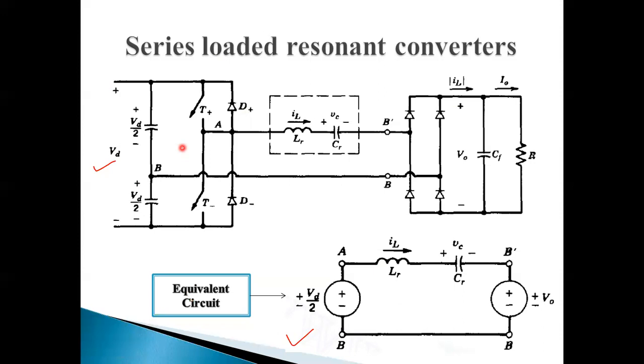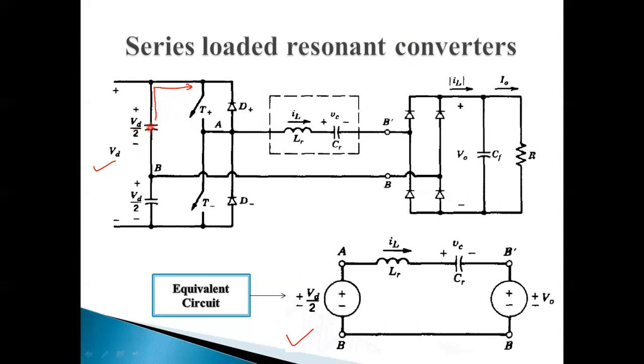If this capacitor distributes its energy to our main circuit, then the current flows in this direction, through VD by 2.